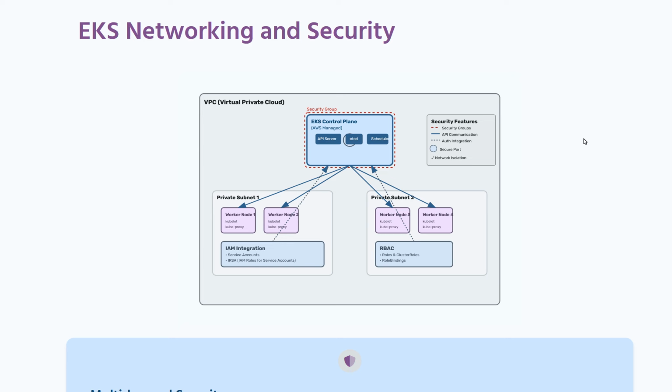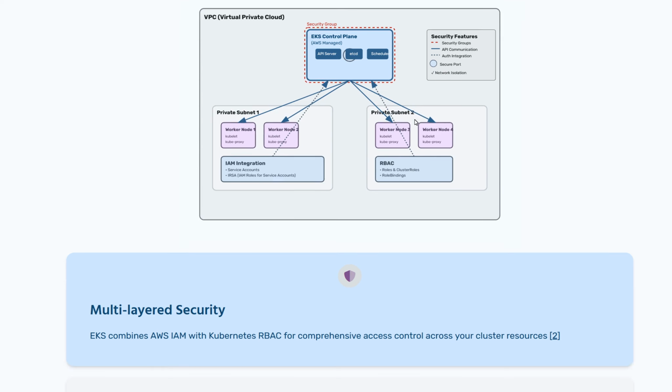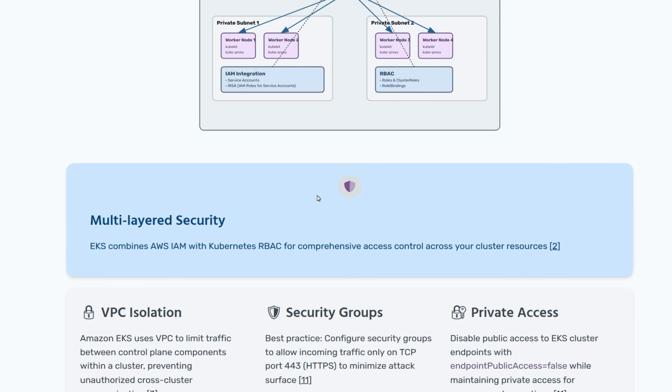You can see in the picture the security group applied to the control plane, API server, etcd, and scheduler, and all the others can be integrated with IAM, right? And then role policies are all integrated with this. That means you have multi-layered security, right?